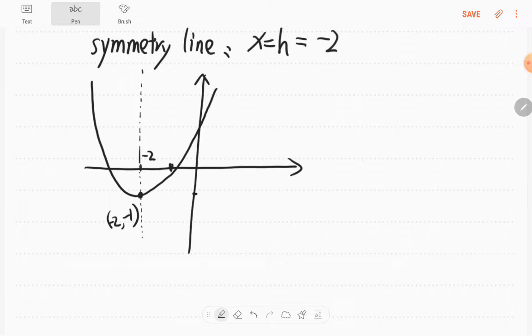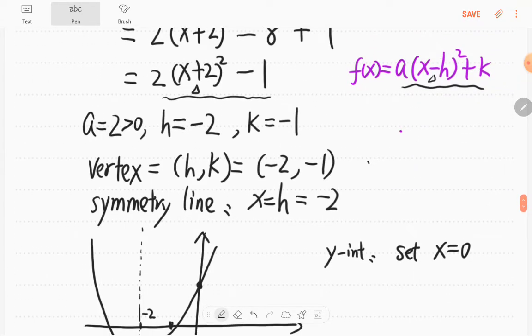So the next question is, what is the y-intercept? We must have some y-intercept, right? So for the y-intercept, we set x to be 0, right? Do you remember that? We set x to be 0.